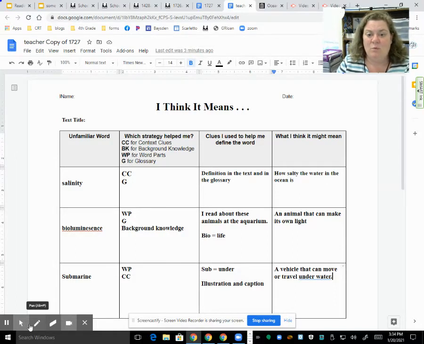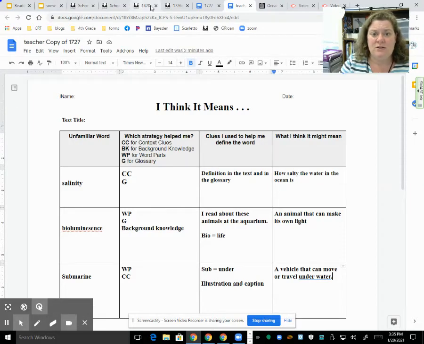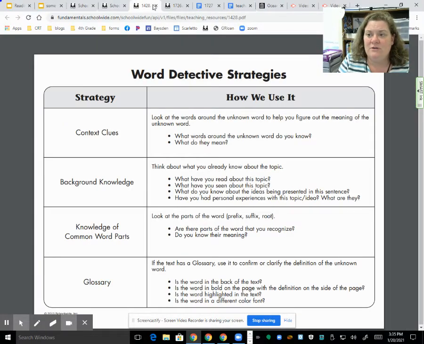All right, that's enough about that. Second column, which strategy helped me? So on our first page, and you'll have this in your assignment, you'll have a copy of this. Did you use context clues? Were you looking around the unknown word to figure it out? Were you using your background knowledge?